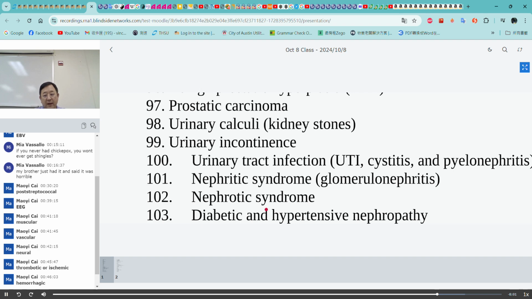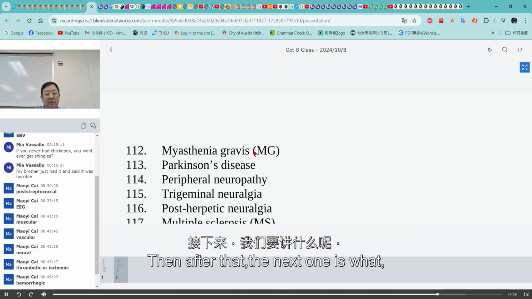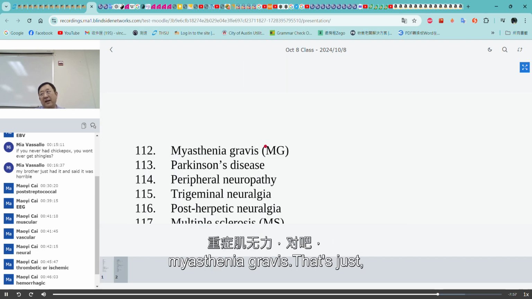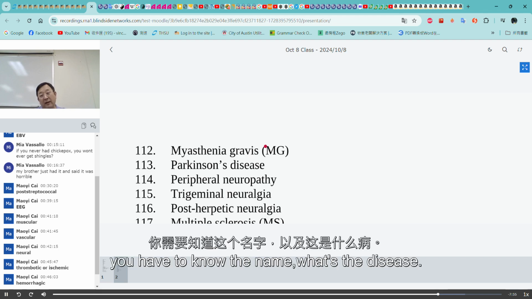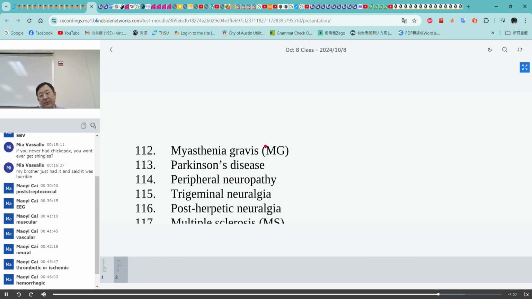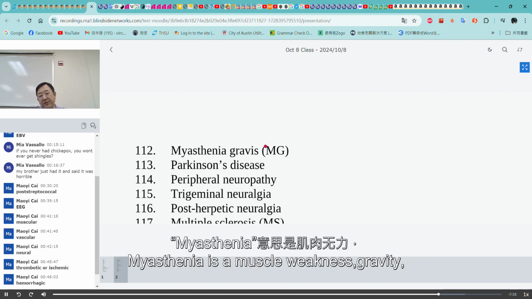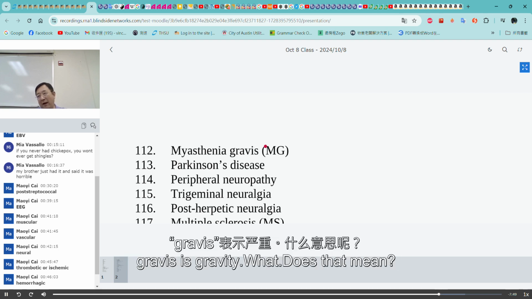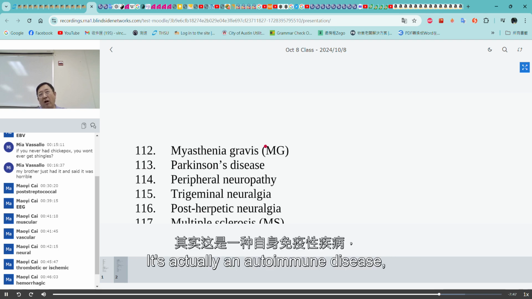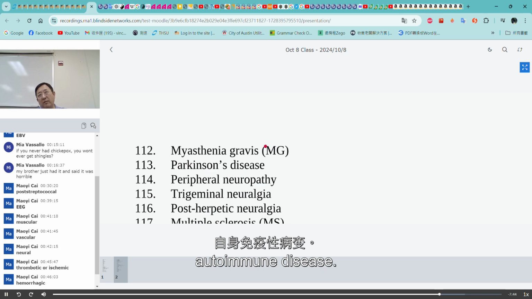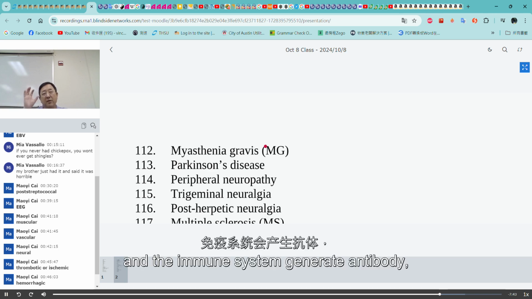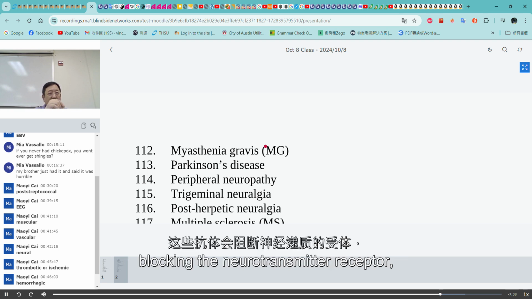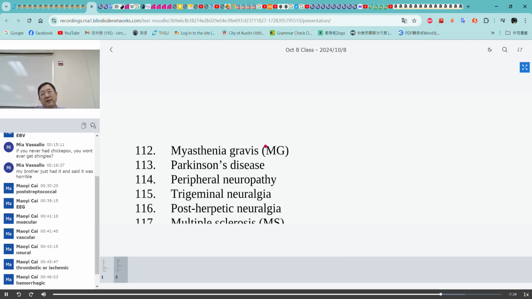Stroke. Then after that, the next one is myasthenia gravis. You have to know the name. Myasthenia is muscle weakness. Gravis is gravity. What does that mean? It's actually an autoimmune disease. The immune system generates antibody blocking the neurotransmitter receptor, the acetylcholine receptor.